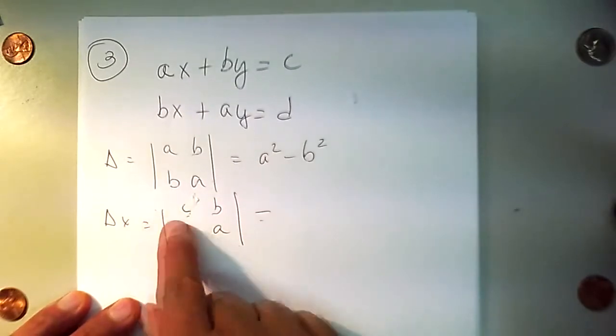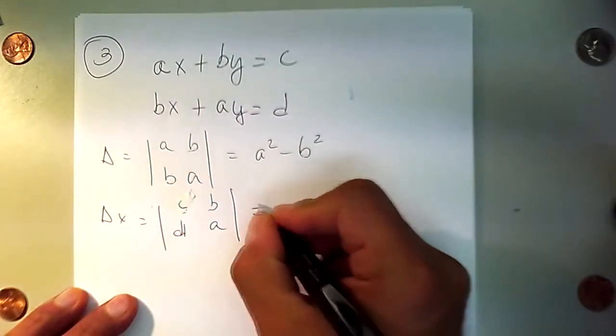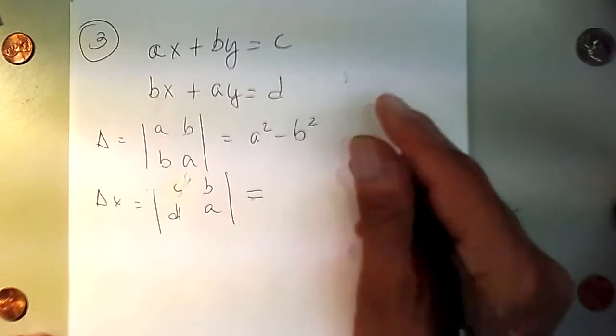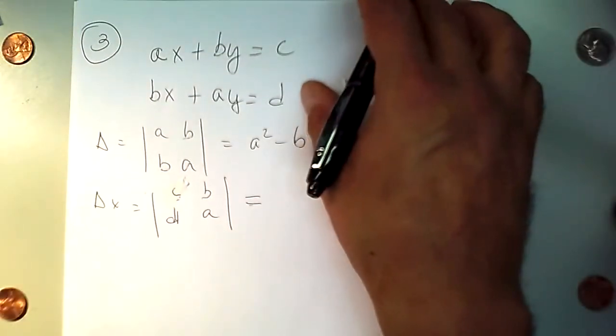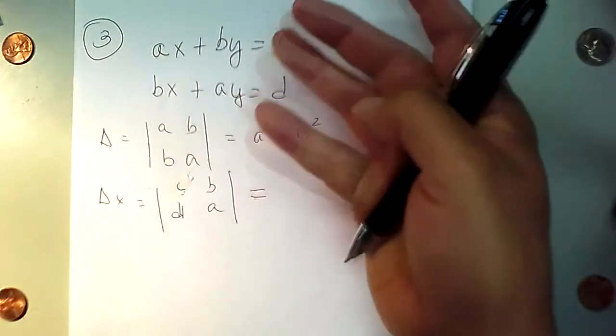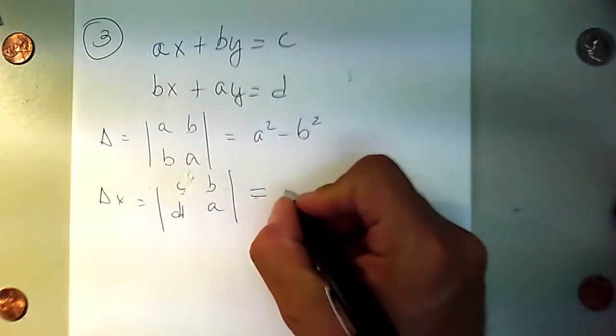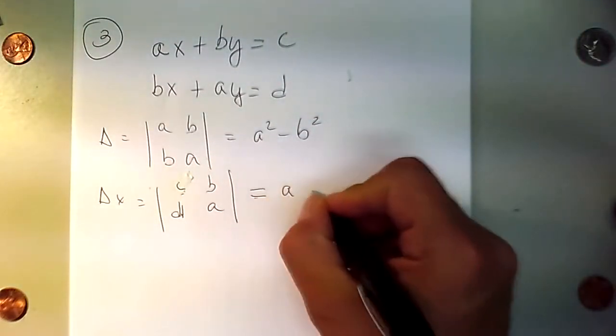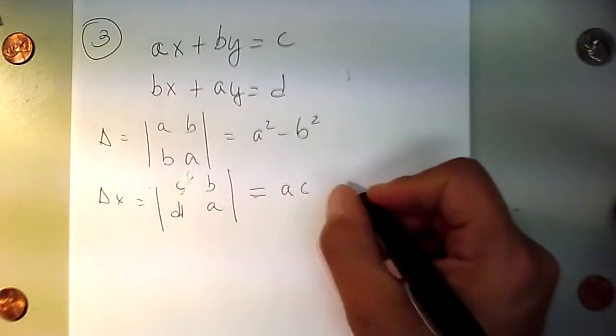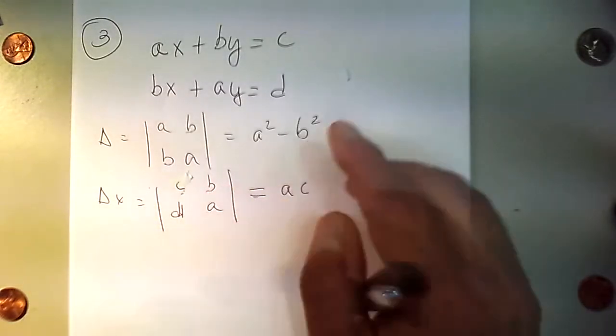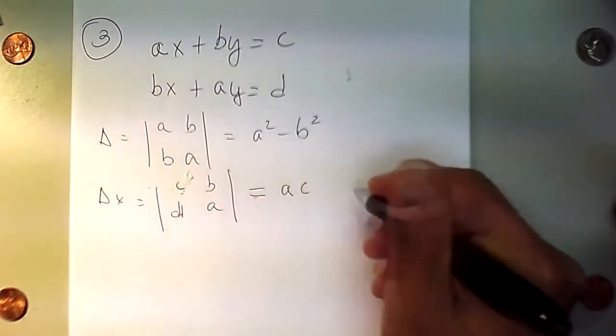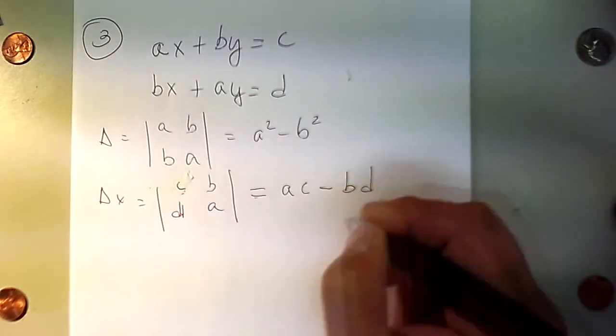So we have ac. If you say ca, that's the same thing. We usually should put the letters in alphabetical order, but I don't think I'll take points off for that. ac minus bd, yep, minus bd. There we go.